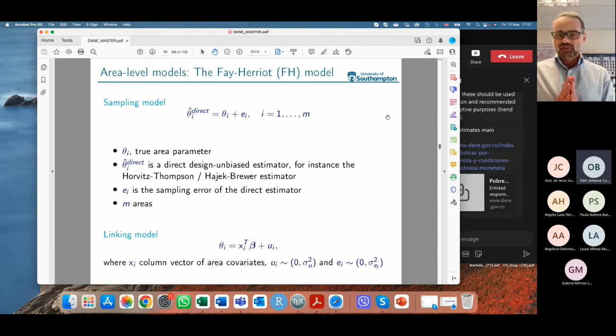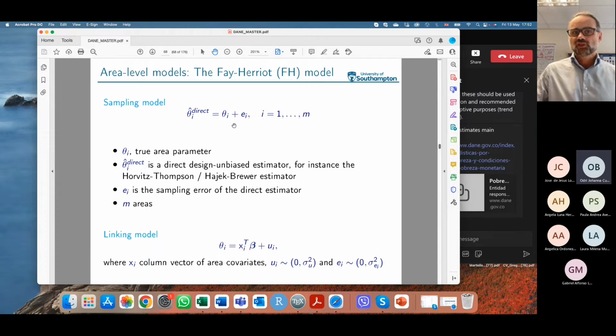The first part is what we call the sampling model. And the sampling model effectively says that the direct estimates, the direct estimates that Angela was talking about, so the direct estimate for area i, theta hat i direct, is equal to the true parameter theta i in that area plus an error term e i.